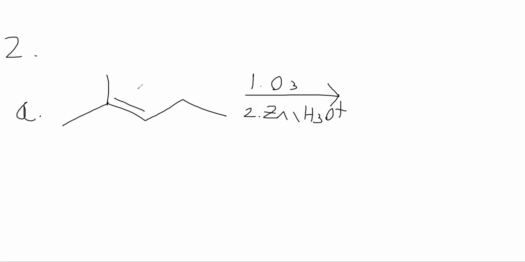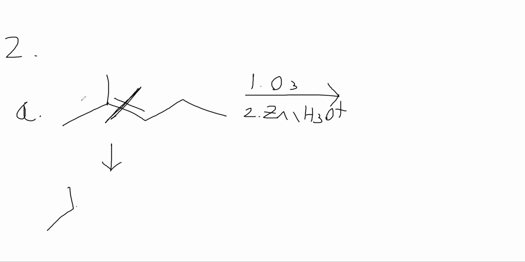So we can look at it like this, kind of just draw a line for the double bond to show that that bond is going to break. So an easy way to do this is to draw both. If it's not a cycle, then there's going to be 2 products.